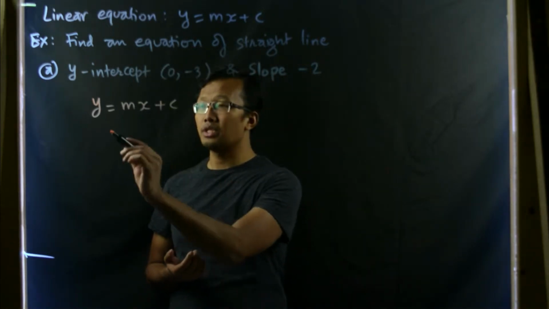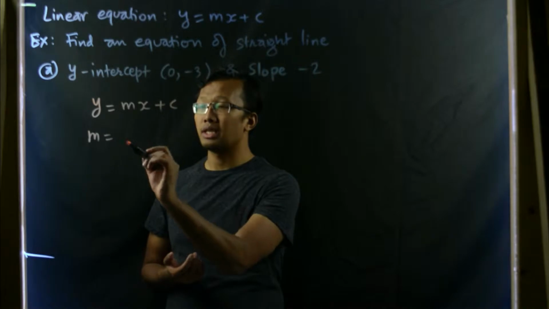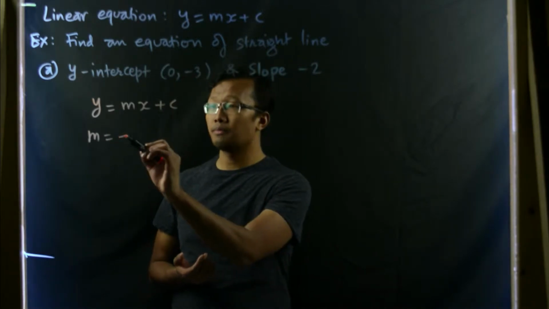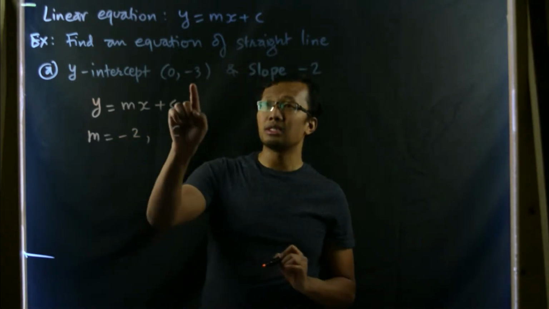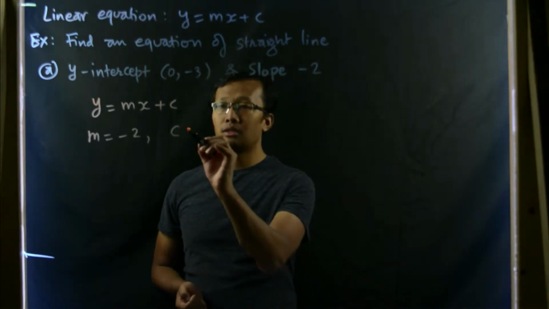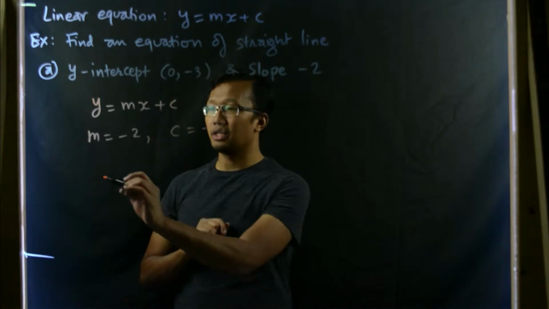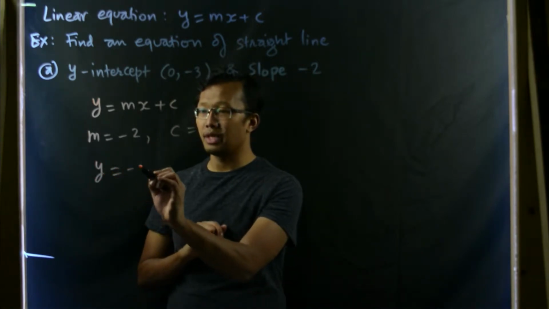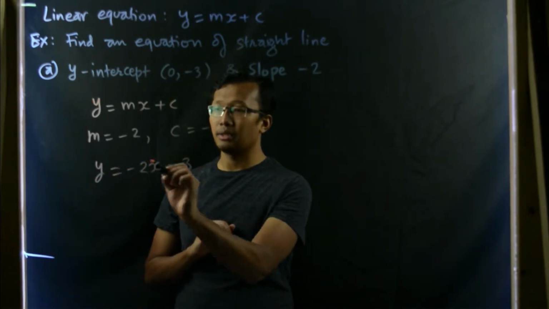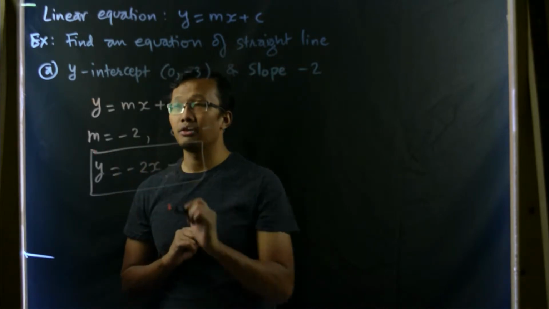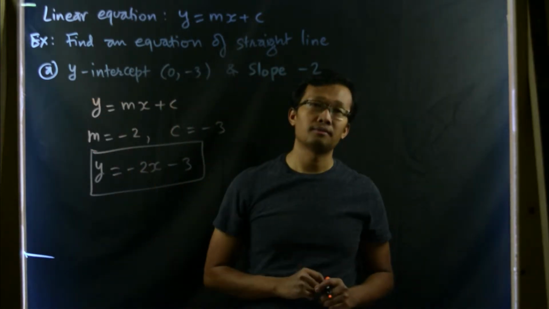So here by the question, the slope is m equals -2 and y-intercept is -3. So if we plug in these two quantities in this equation, then our equation becomes y equals -2x minus 3. So that's the equation for this condition.